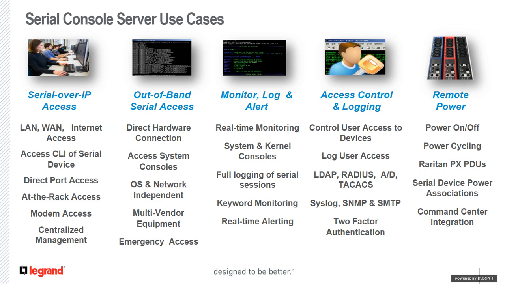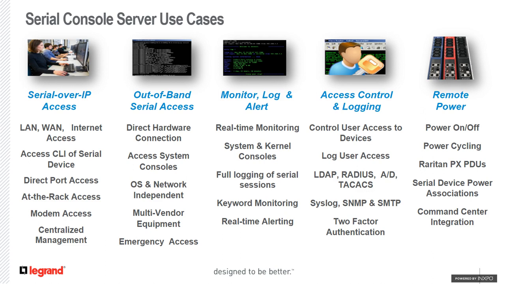So it gives you a similar type of out-of-band access with a direct hardware connection to the equipment. It also has a cool feature where you can monitor system and kernel consoles coming from that equipment and get a permanent connection and logging of that equipment.